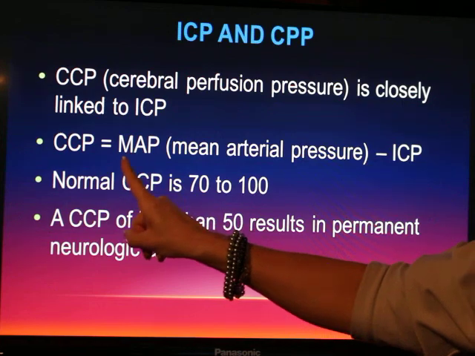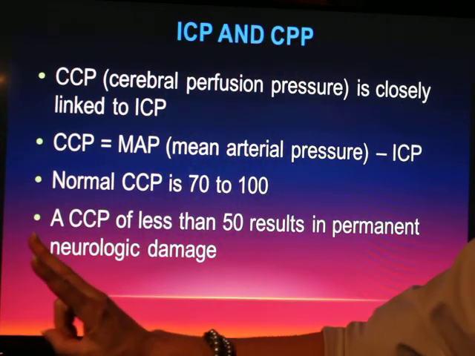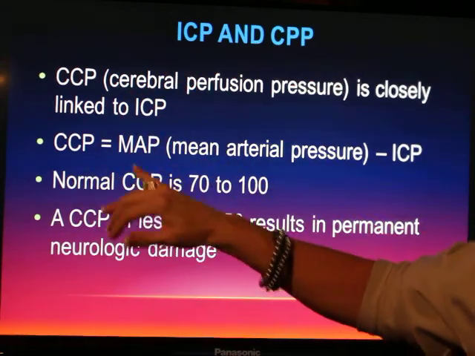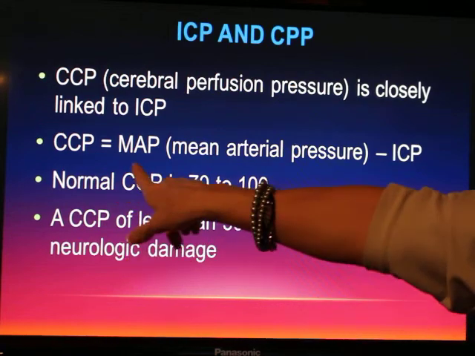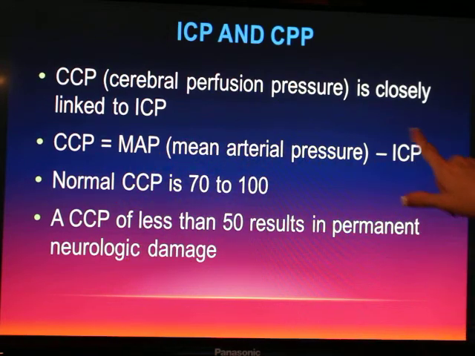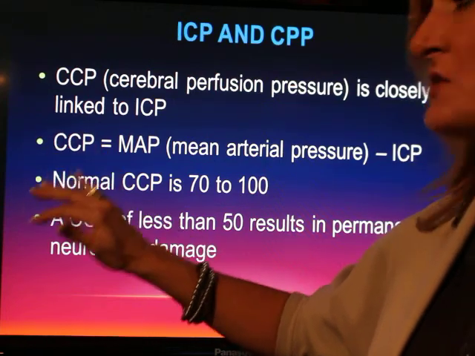Your mean arterial pressure is your systolic blood pressure plus 2 times the diastolic blood pressure, divided by 3. You have to figure that out first if your patient's not on a monitor to tell you. Then you subtract your intracranial pressure, and that gives you your cerebral perfusion pressure.